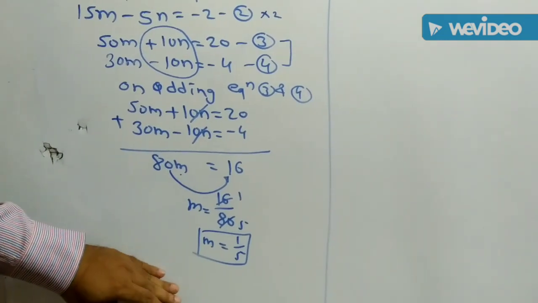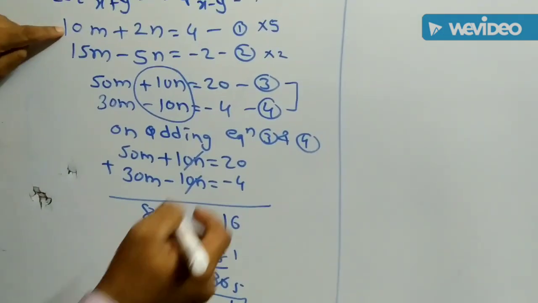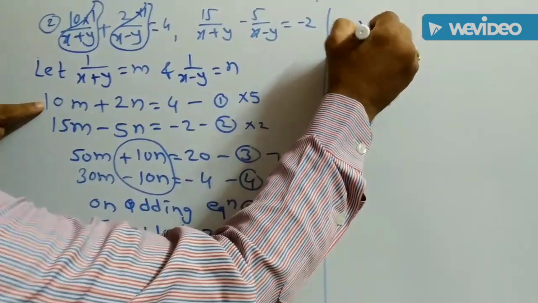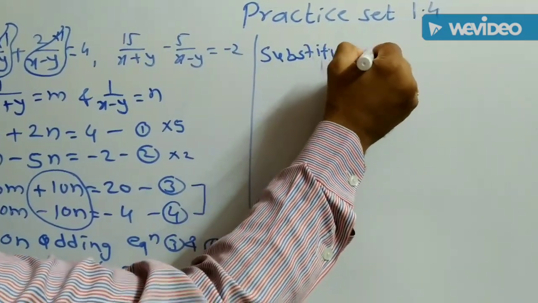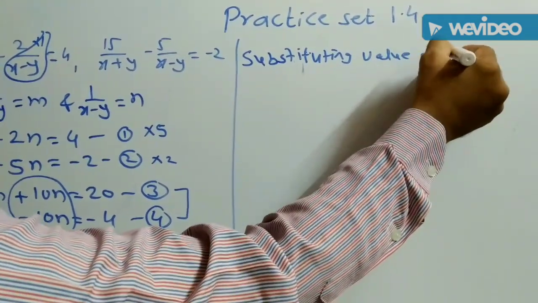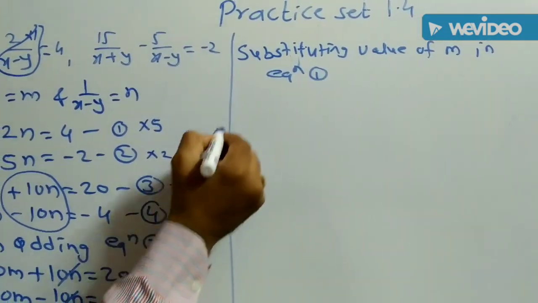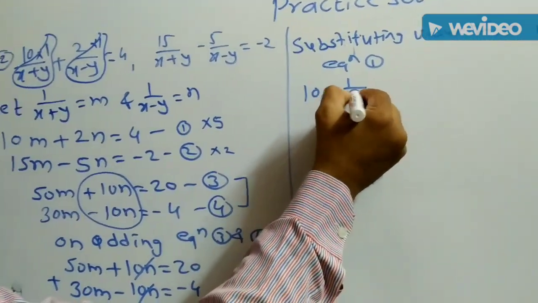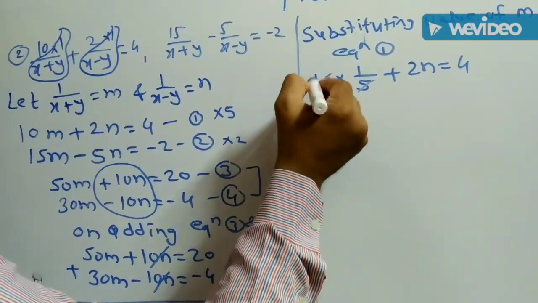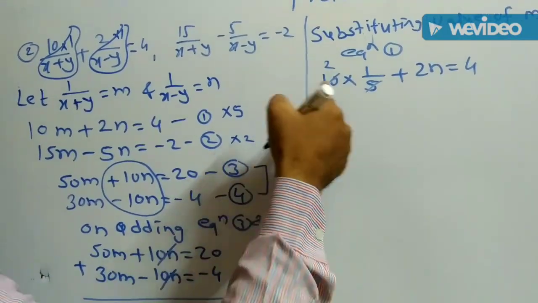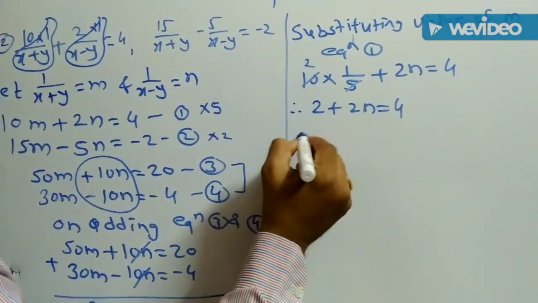Now, putting this value of m in any equation, I put in equation 1. Substituting the value of m in equation 1, we get 10 into m, that is 1 upon 5, plus 2n is equal to 4. 10 divided by 5 is 2. 2 plus 2n is equal to 4.